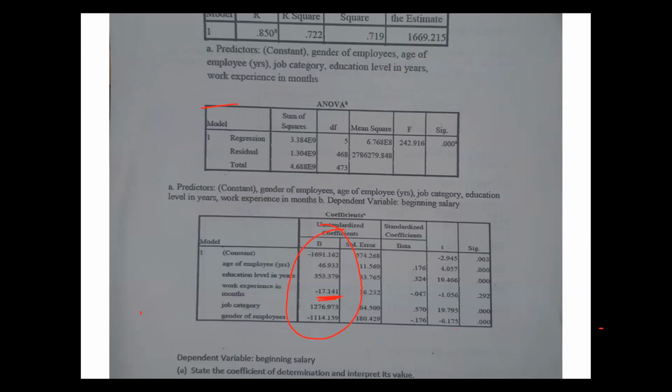Okay, it means that one increase in work experience in, let's say, months, from this model that they captured, it reduces the total output by about 17%. What is the total output that we're trying to look at? Is the salary. Okay, yeah, it sounds contradicting, I know, but we're just following the numbers that we have anyways.